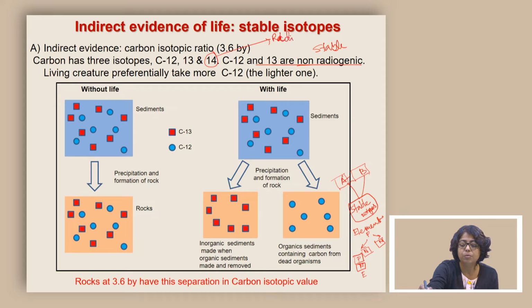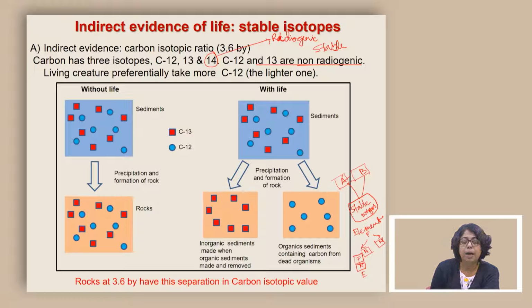We use it to date rock. But these stable isotopes are very important to recognize some of the biological mechanisms, and many of the biological pathways are determined using these isotopic ratios.